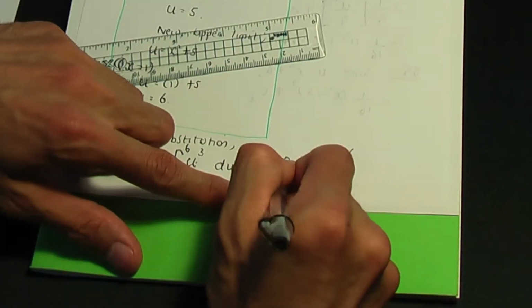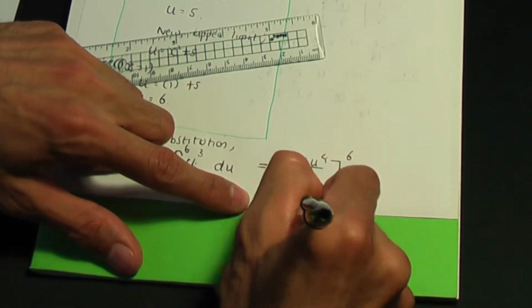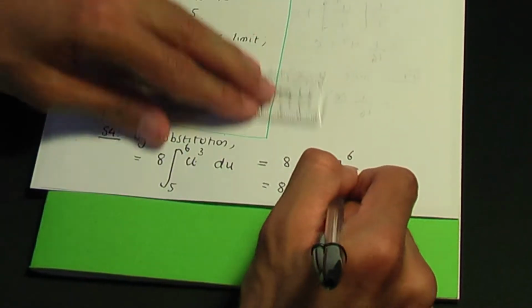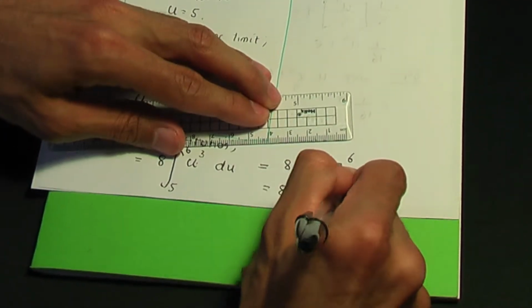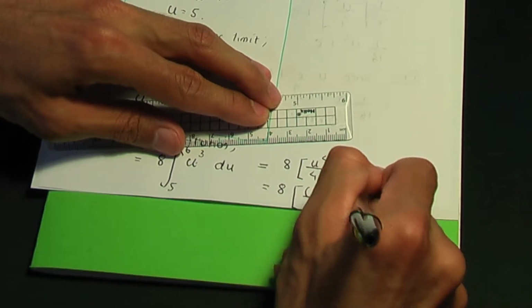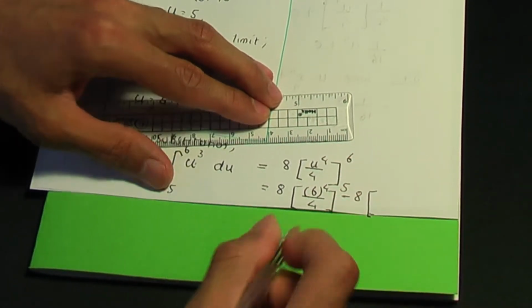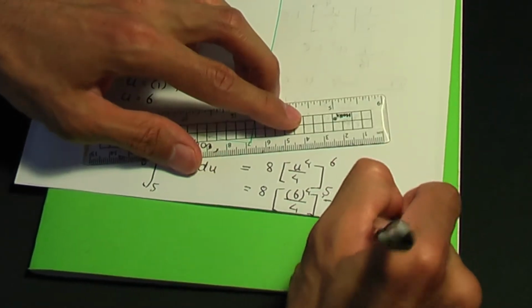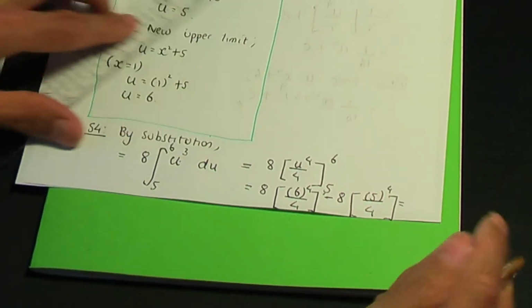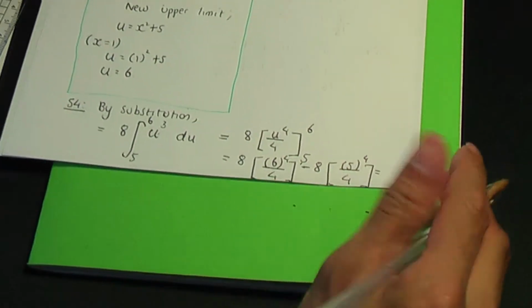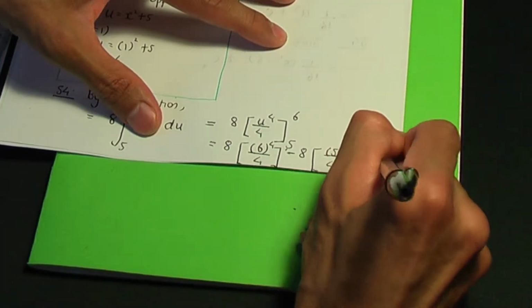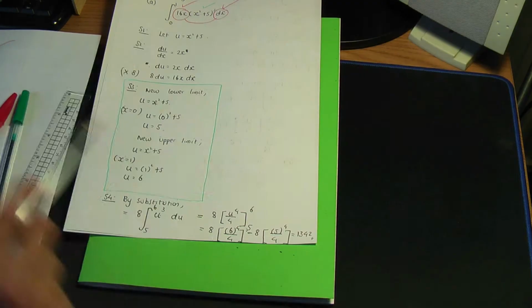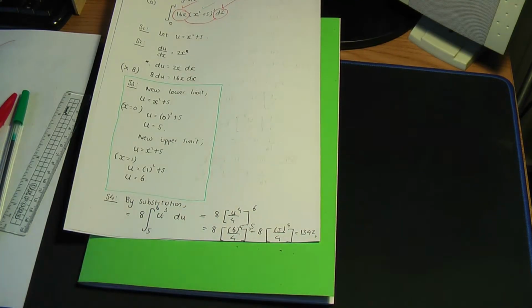So I'll have 8 into 6 to the power 4 divided by 4, minus 8 into 5 to the power 4 divided by 4. By doing this, you're going to get a final answer of 1342. That will be the final answer to the overall problem.